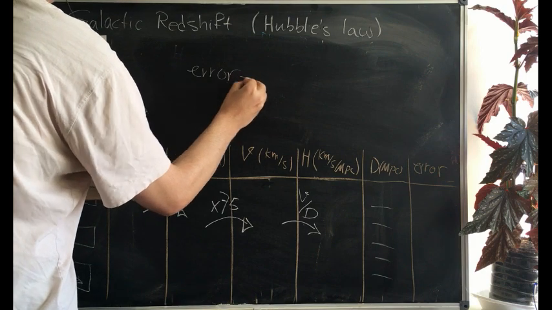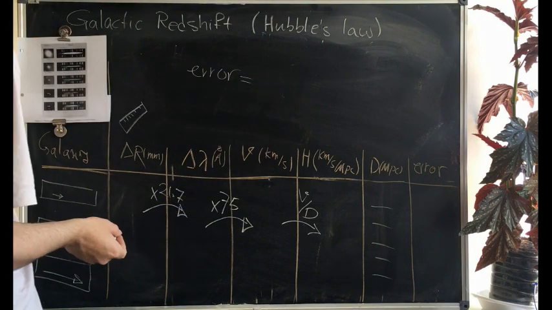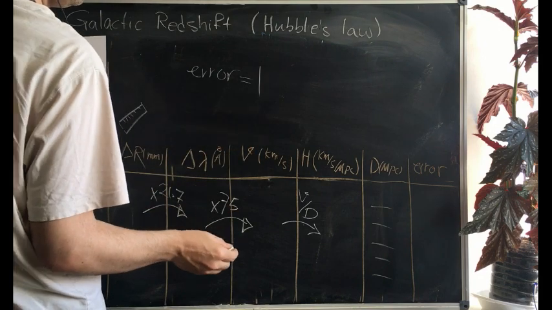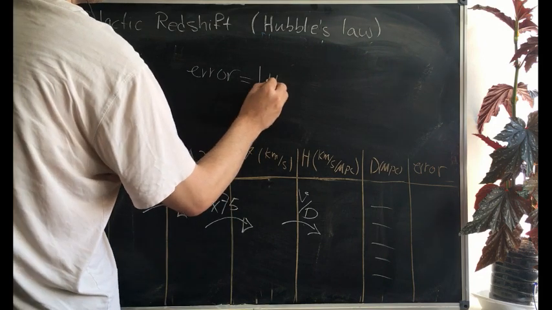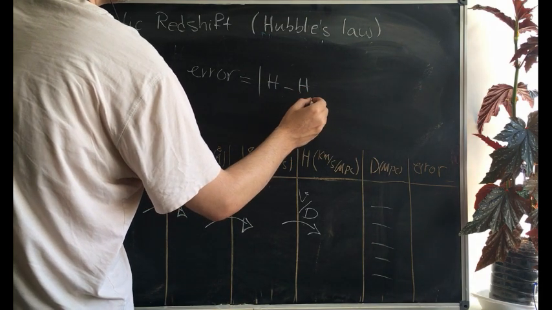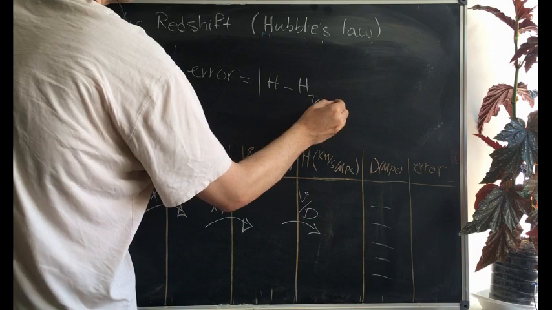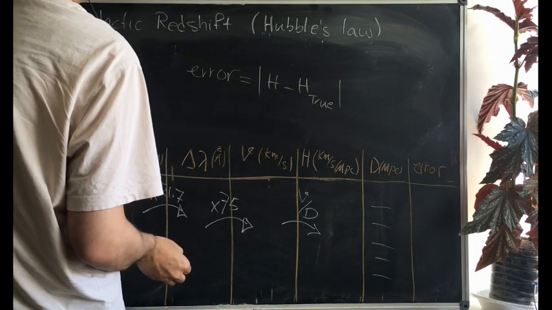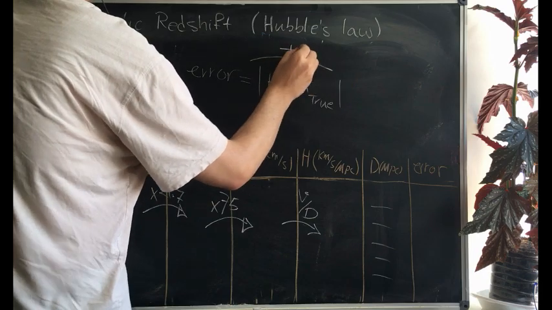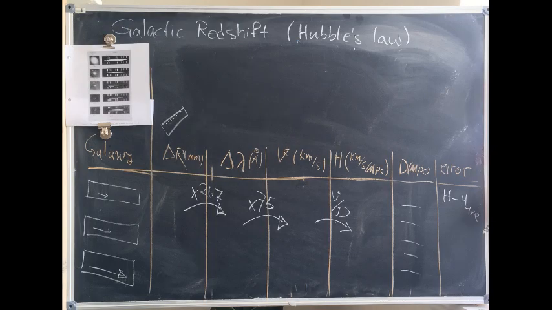And finally, for the error, take whatever you have for h, you have different numbers for different galaxies, and you have one true value from the first plot. Just subtract and find this difference and use positive numbers. This is the error.